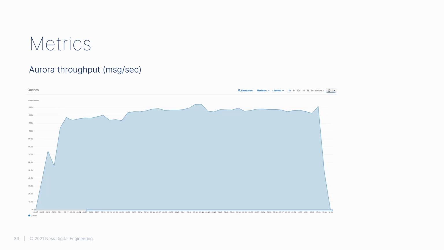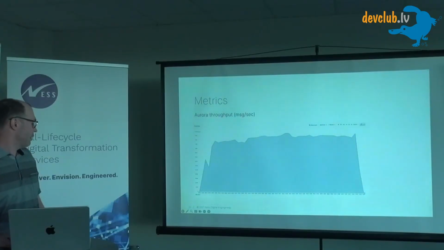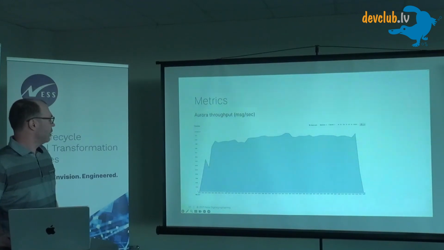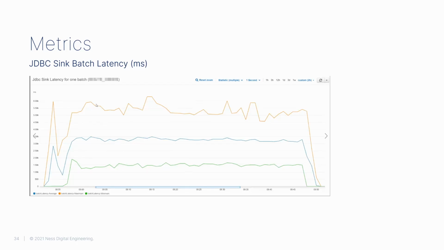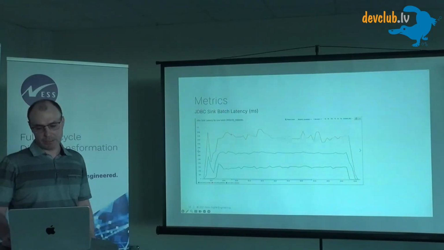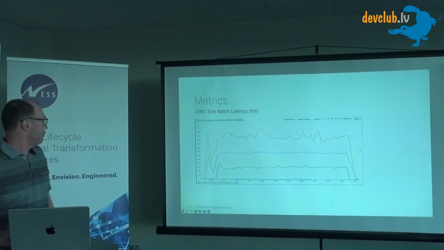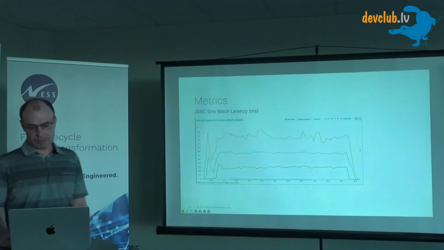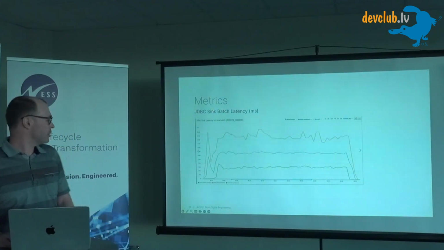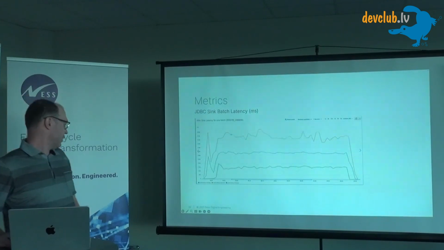As you could see, we got 120K messages per second on the Aurora side ultimately, which is pretty nice. And our JDBC batch latency was on average around 3.5 seconds, the maximum was around 5.5 seconds, and the minimum was around 1.5 seconds.